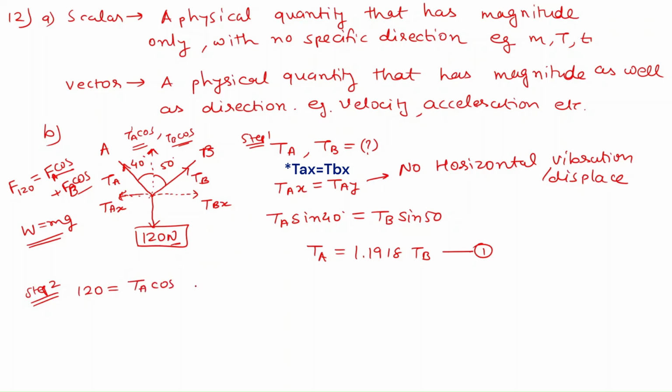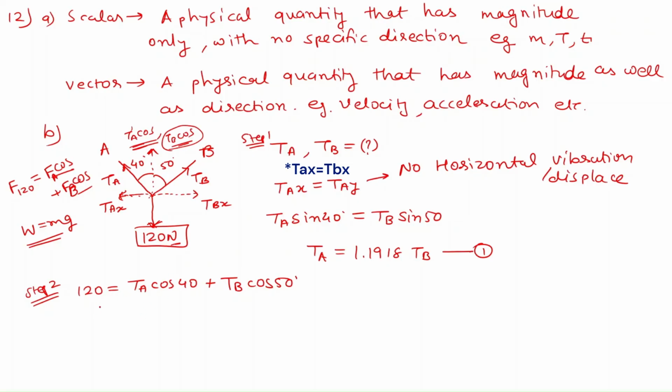TA cos 40 plus TB cos 50 is equal to 120. The force of 120 Newton is in the downward direction, and by these two components, the force is given in the upward direction. So we have to equate it.